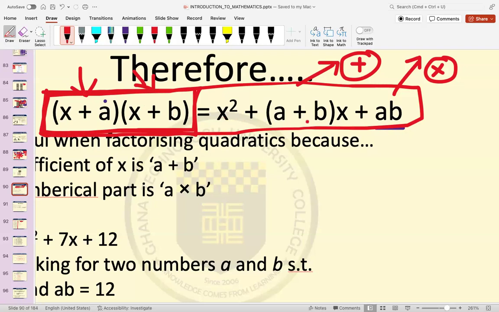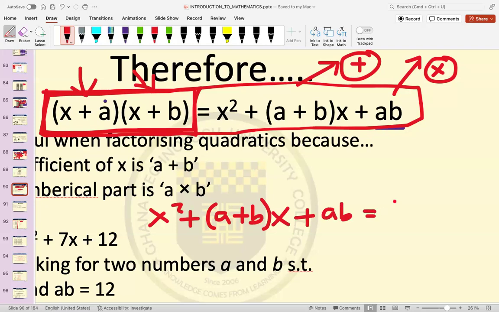And so how do we change this into this? In other words, if it were written this way, x squared plus (a plus b)x plus ab, the answer is (x plus a)(x plus b).